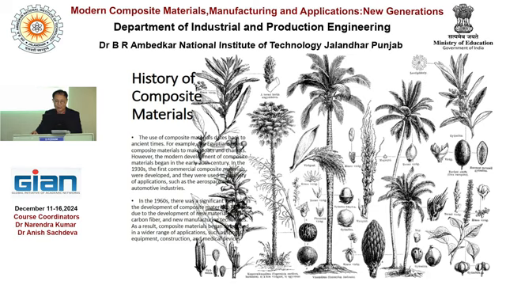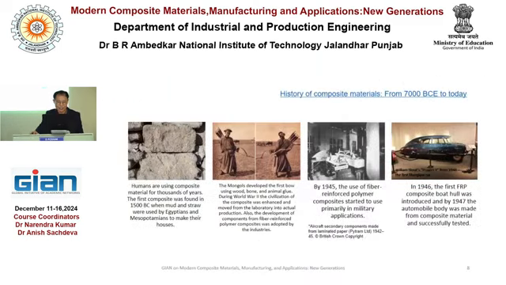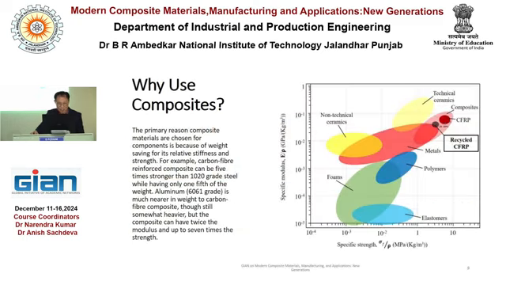But historically, it's 7,000 years ago. Why did intelligent and advanced composites need to be developed? Conventionally, here this horizontal axis is specific strength, and this vertical axis is specific modulus.